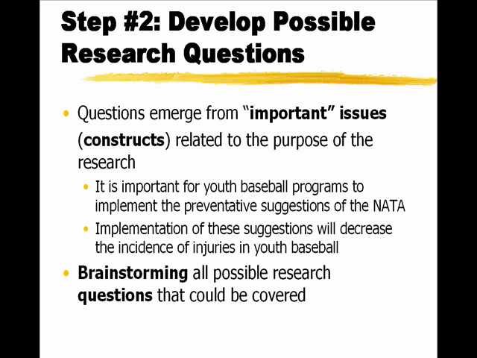Implementation of these suggestions will decrease the incidence of injuries in youth baseball. A lot of these important issues are constructs, which are the key issues within the question. This can be done through brainstorming all possible research questions that can be covered. Just brainstorm, get with some other people or yourself, and write down everything you can think of on possible research questions that you may have.